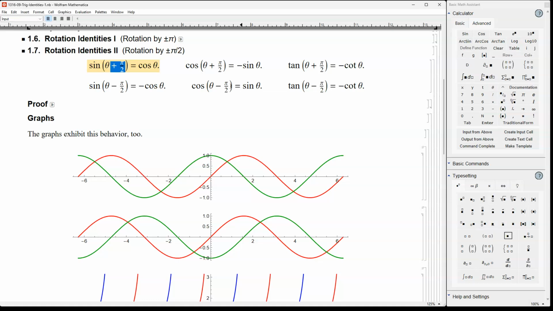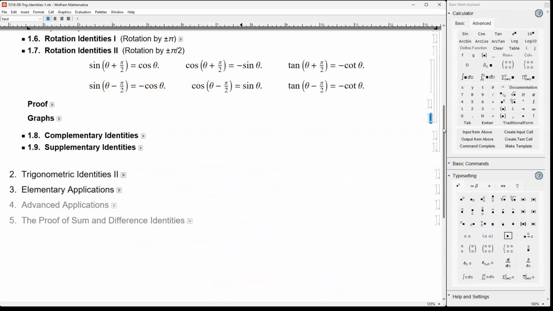And consequently, green shifted by pi/2 to the right becomes sine, so that's minus pi/2. And from this red, if I shift this to the right by pi/2, then we get this green, and that's not cosine, that's negative cosine. Graphs do exhibit those behaviors, but still confusing.